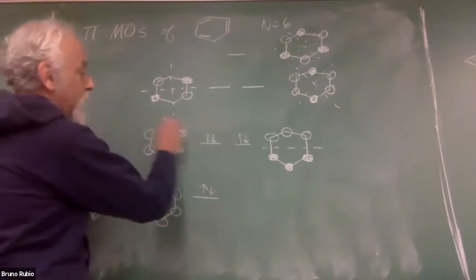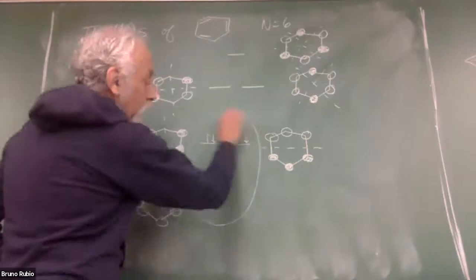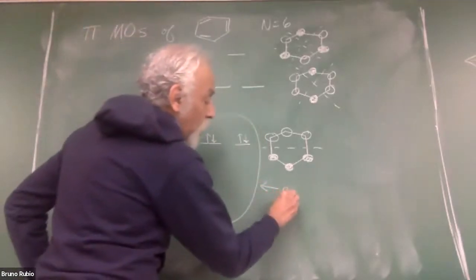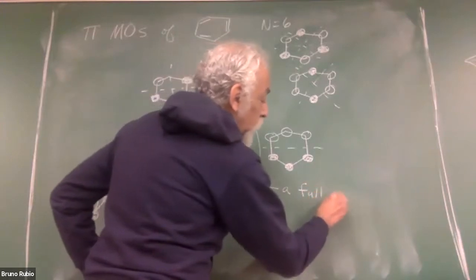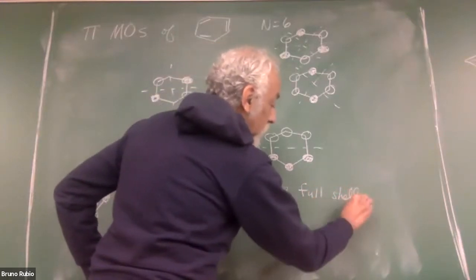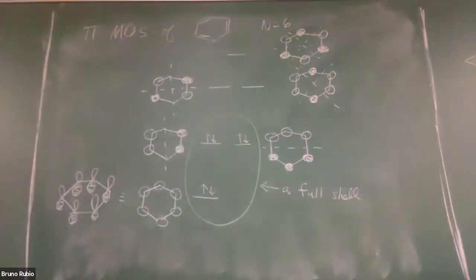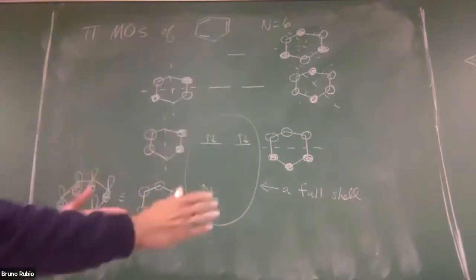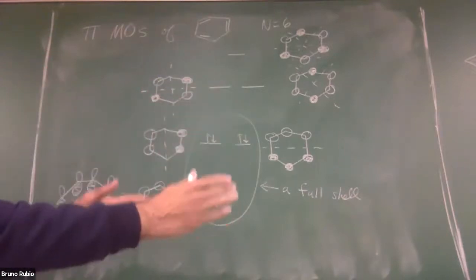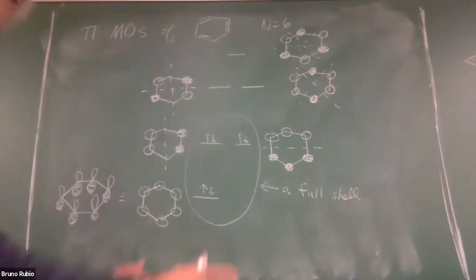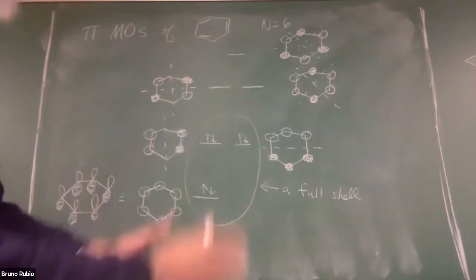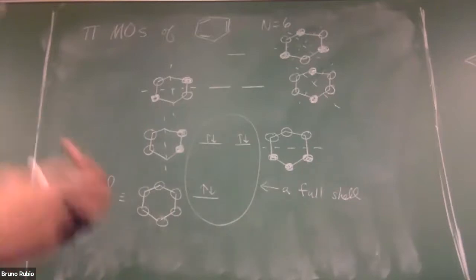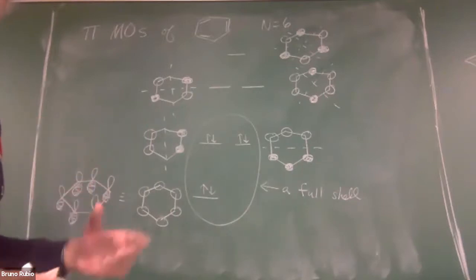Benzene has a full shell. Just like on the periodic table, why are helium, neon, xenon, why are the noble gases, the group 8, why are they so stable and so unreactive? Because they have full shells of electrons.